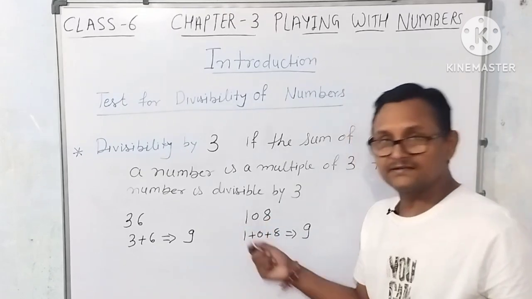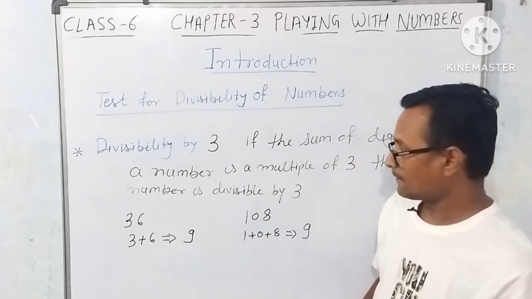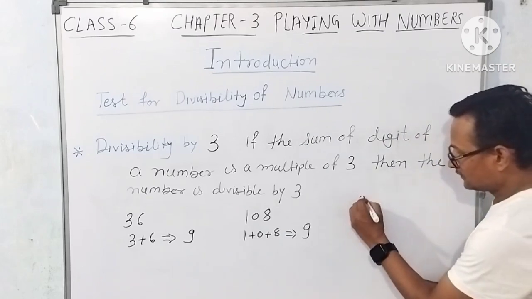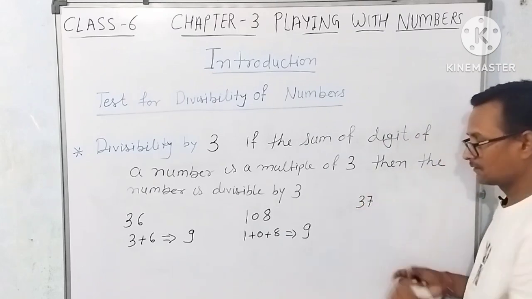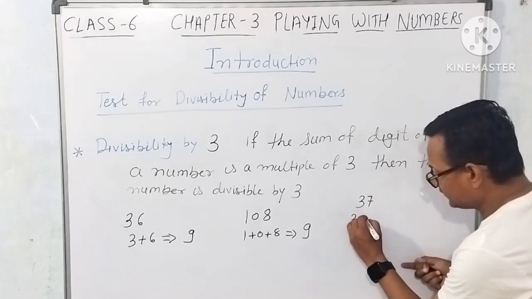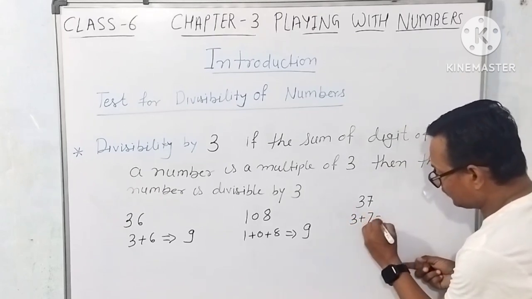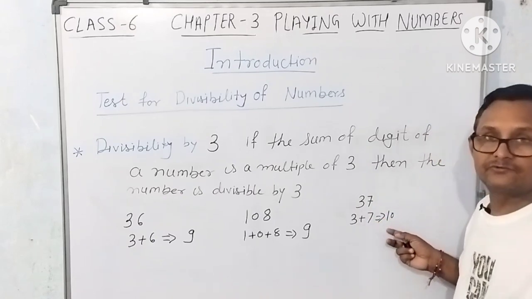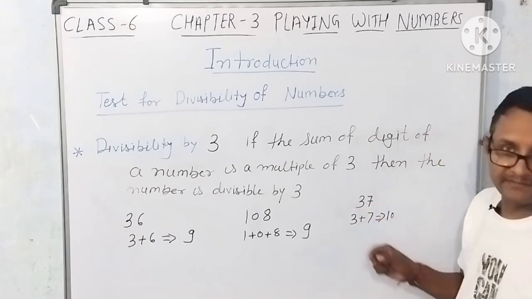So this number is divisible by 3. Let's understand by another example. 37. Now again we have to add them. 3 plus 7 equal to 10. So 10 is not a multiple of 3. So we can say this number is not divisible by 3.